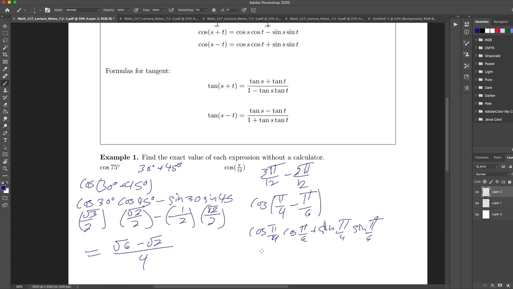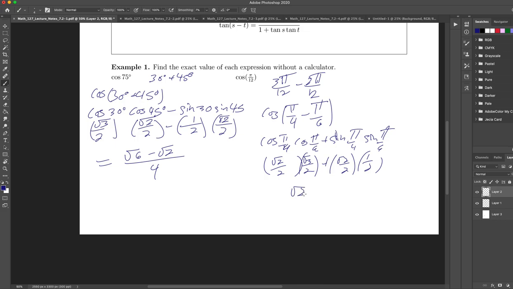And so here I get square root of 2 over 2, square root of 3 over 2, square root of 2 over 2, and then 1/2, basically the same numbers we had last time. But in this case, I'll be adding them. And when I add them, I'll get square root of 6 plus square root of 2 all over 4.